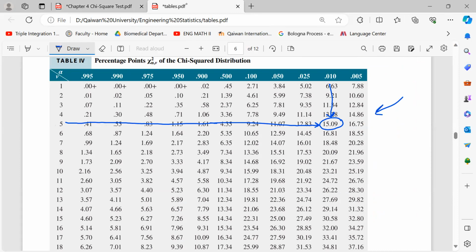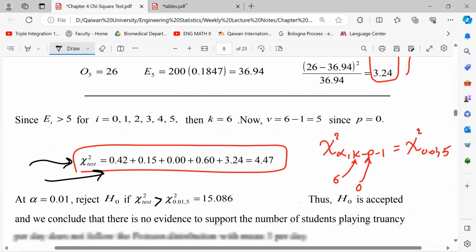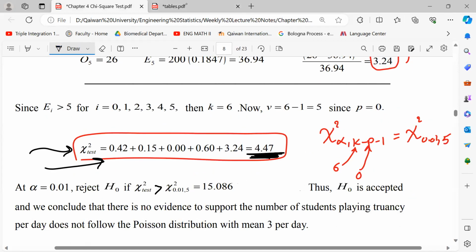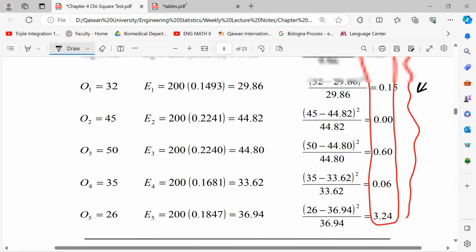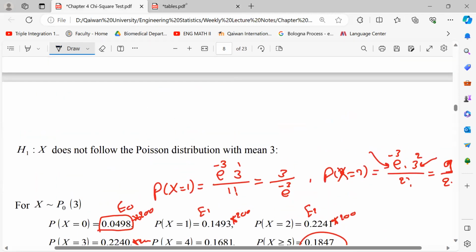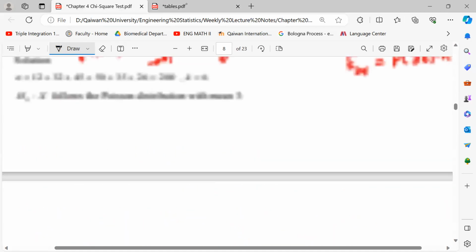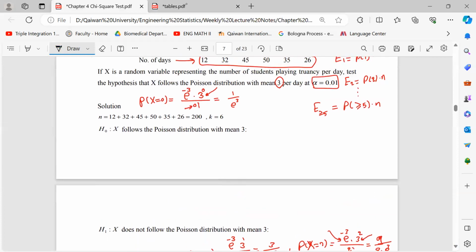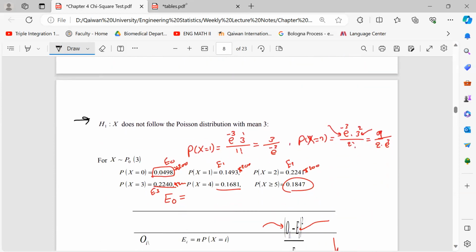If the chi-square test is greater than this one, we reject H naught. What was H naught? Let's return. You need to write down the statement of H naught and the statement of H1 when solving the questions, even during exams. You need to write down all the given information like this. So, H naught, H1, and then start to solve it.